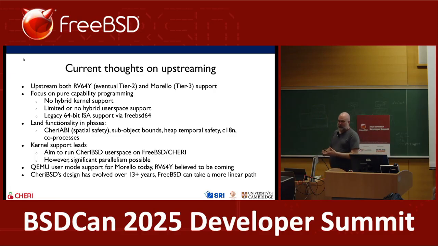So there's sub-object bounds, which is a higher friction variant of CHERI C, but prevents sub-object bounds disclosure or bugs. I think we concluded that about 5% of memory vulnerabilities in the FreeBSD security advisories are sub-object, which I think is what Alfredo's numbers are. And we currently run the kernel with this.